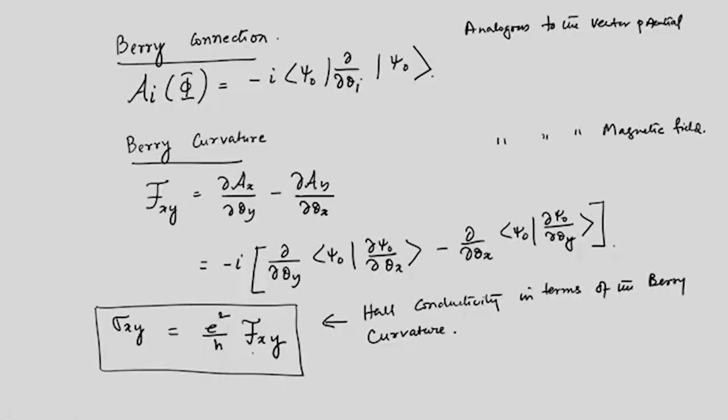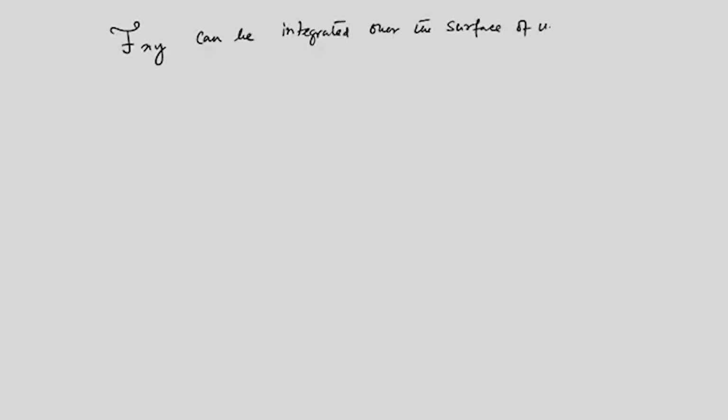So, this quantity, the Berry curvature, can be integrated over the surface of the torus, which is what we have done for the square-shaped system, as if the 2D electron gas is confined there. You do not have to talk about the 2D electron gas, it could be any system, it could be a crystal lattice, integrated over the surface of the torus.